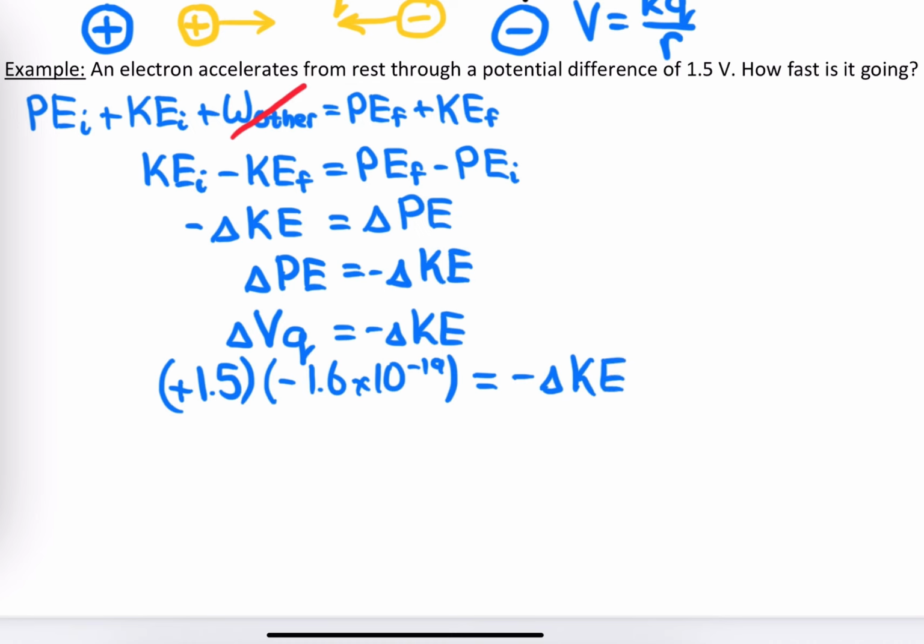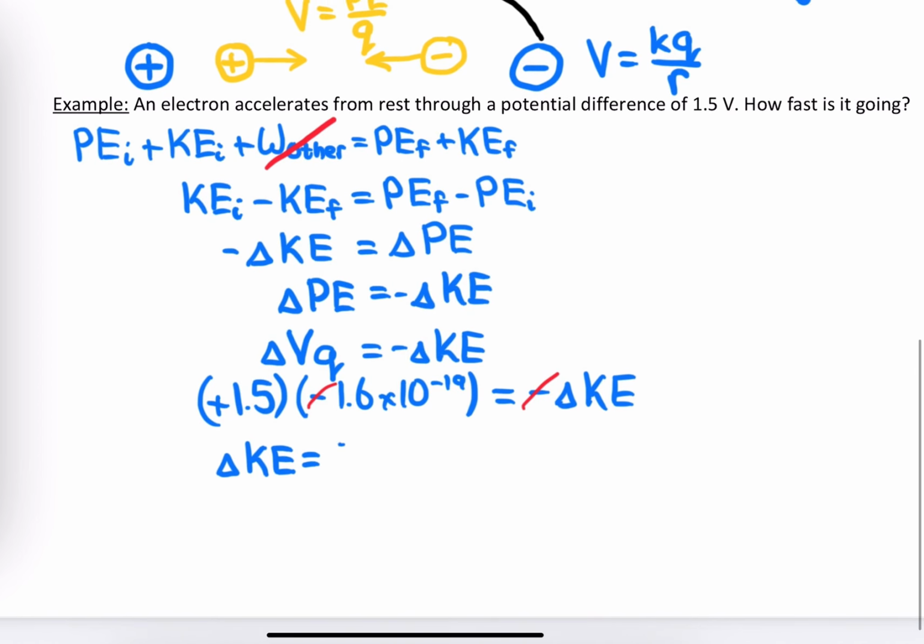So we can see we have negatives on both sides of the equation here. I can basically cancel those out. And this will tell me that the change in kinetic energy of the electron is 2.4 times 10 to the negative 19 joules.